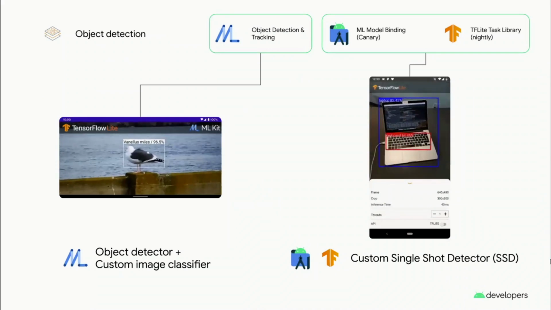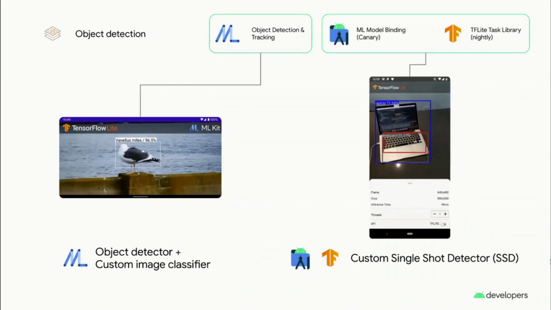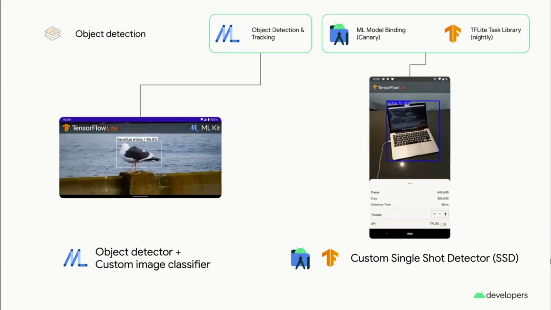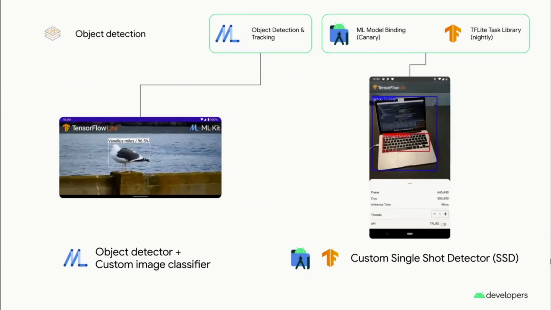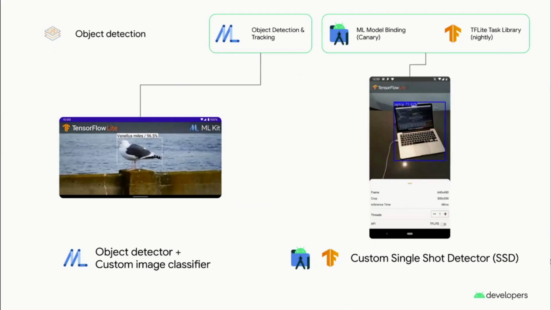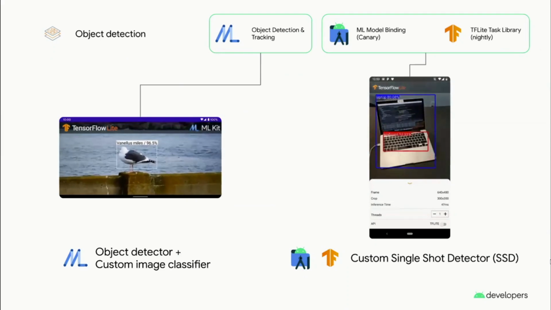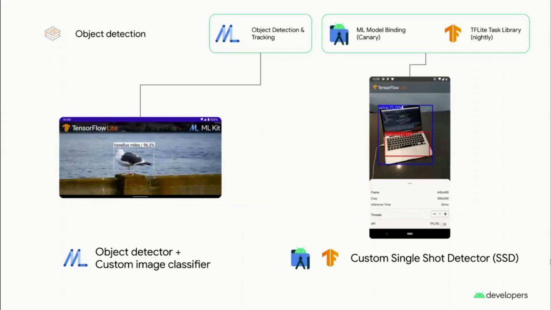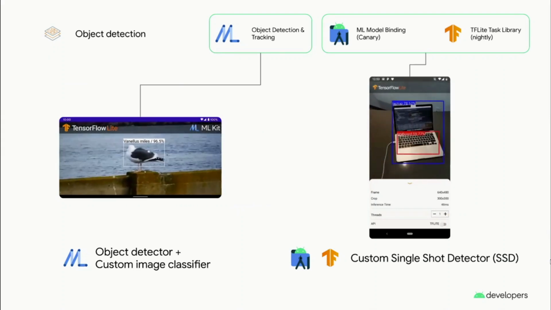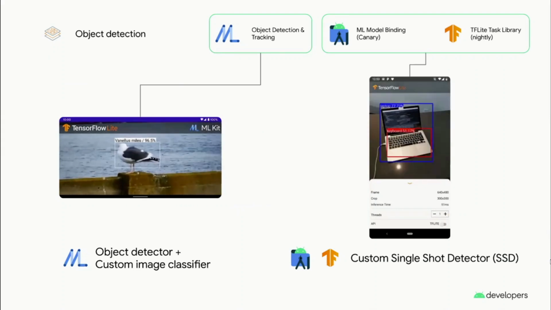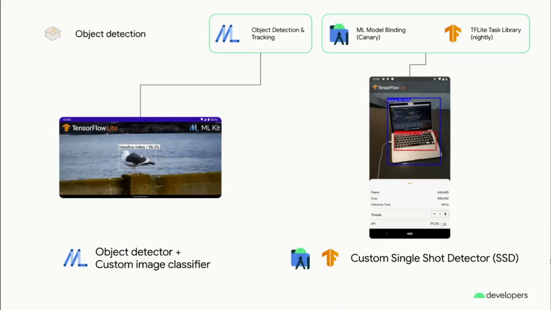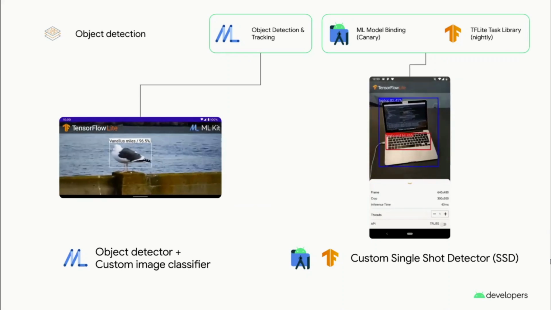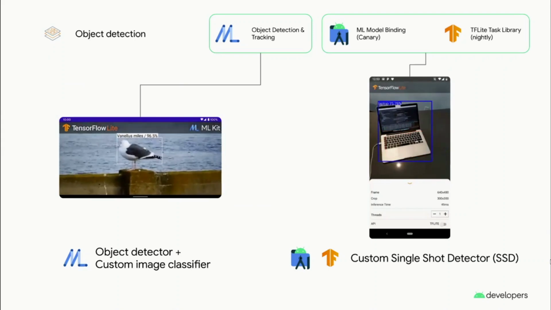If we drill a little bit deeper, there are two ways to do object detection and tracking, and they yield different results. The object detector and custom image classifier from MLKit tries to detect a generic object, and then it runs two pipelines. One goes through the image classifier for a single static image, and the second one is a generic tracker, so it follows the object around.